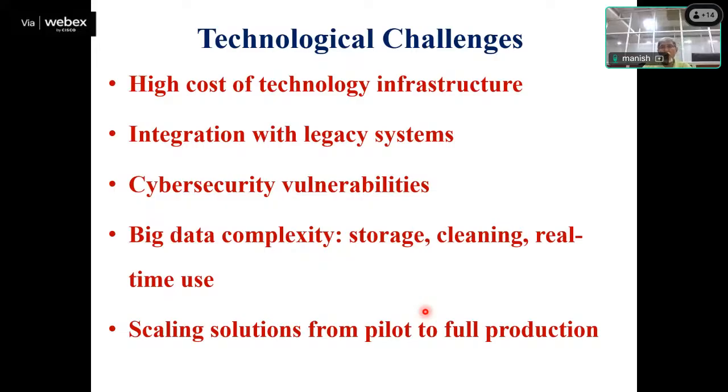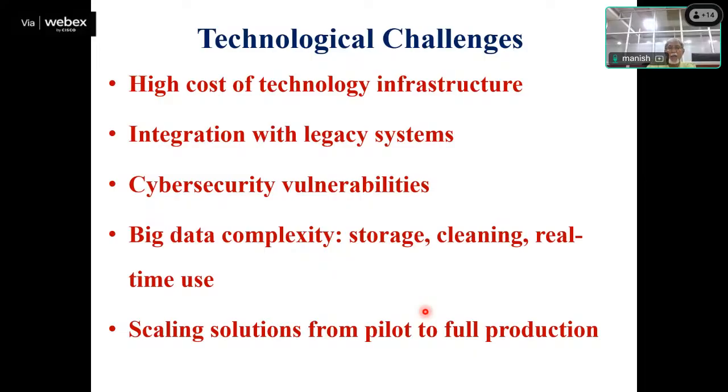And scaling solutions, that is another important challenge. On a smaller scale we can conceive how to implement the entire operation. But smart manufacturing is essentially meant for triggering mass production, mass quality, and customized production. That is what smart manufacturing is for.